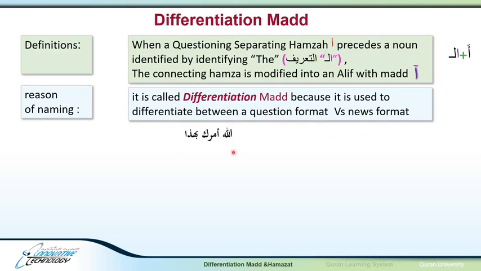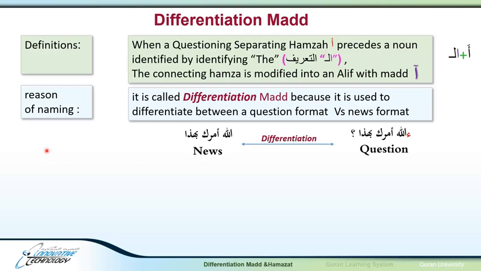Let's take an example. Allahu amaraka bihada means Allah ordered you with so, versus Allahu amaraka bihada, which questions? Did Allah order you to do so? The first one is a news, the second one is a question. And this Hamza and the mad associated with its pronunciation is basically what differentiates a news from a question format.